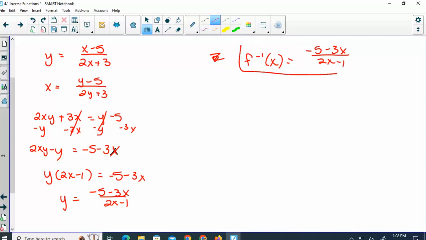Now, if you had 5 plus 3x over 1 minus 2x, that's equivalent. We know the domain of the function is equal to the range of the inverse. Range of the function equals the domain of the inverse.